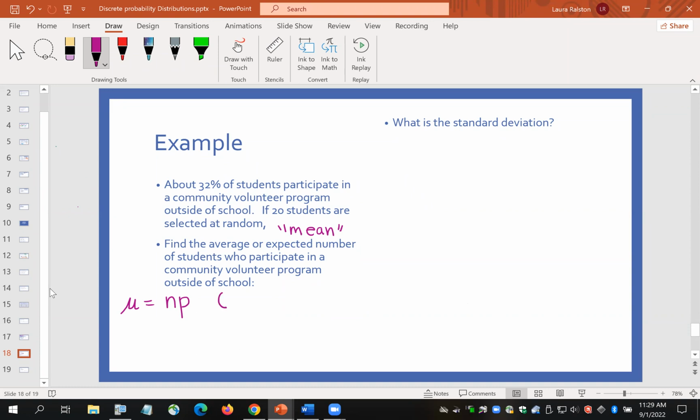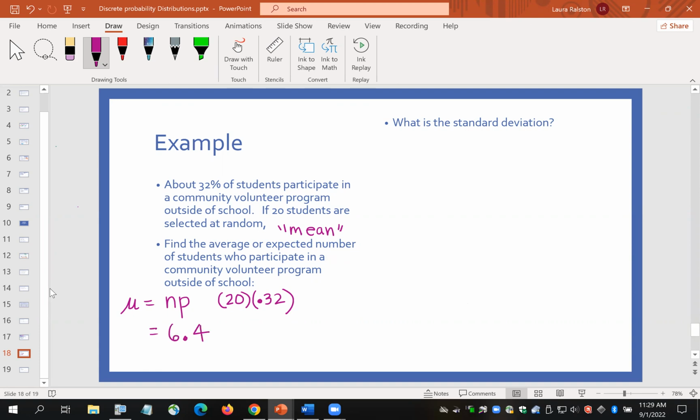So we had 20 students in our sample. The probability they volunteer is 32%, again written as a decimal, and I can use my handheld calculator. So I would have 20 times 0.32, which gives me a value of 6.4.